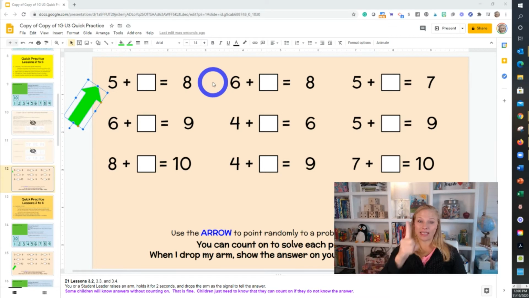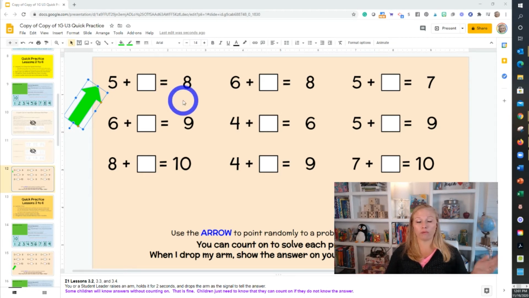Whether you grab the 5, right? 5, 6, 7, 8. However you're choosing to kinesthetically do counting on, or you've taught your students, you can even add the circle drawings underneath. 5, let's count on together, and you would do your circle drawings. 6, 7, 8. Boys and girls, how many did we count on?